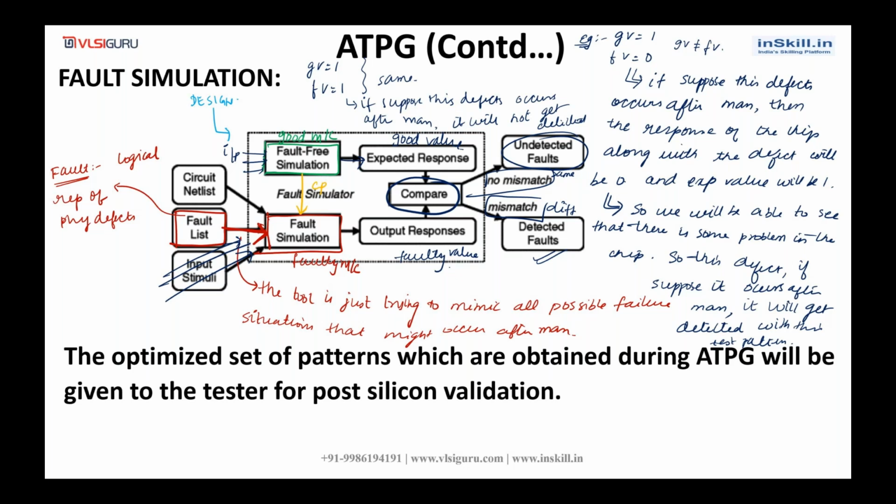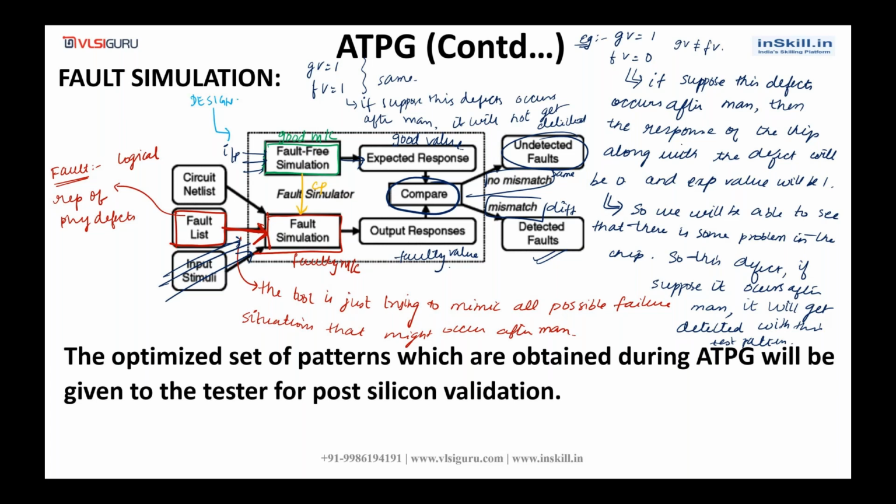The tool is just trying to mimic all possible failure situations that might occur after manufacturing, and it is trying to see what will be the response. So it is trying to find a pattern that will be able to detect the fault if it occurs after manufacturing.